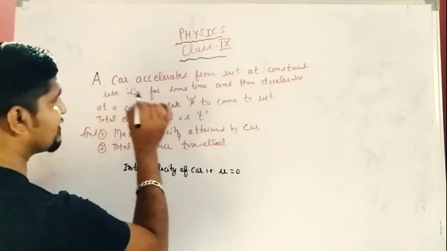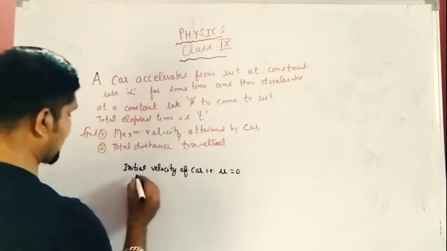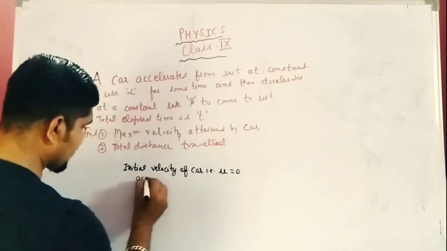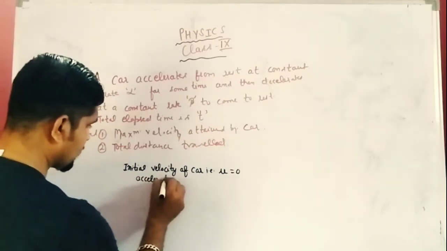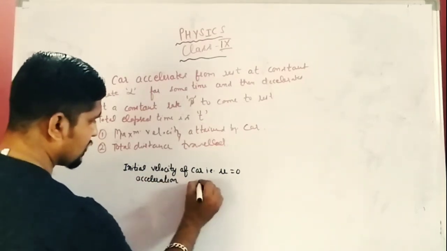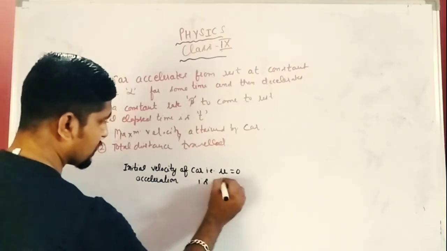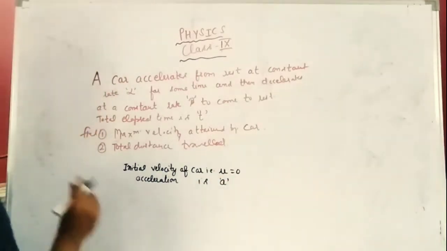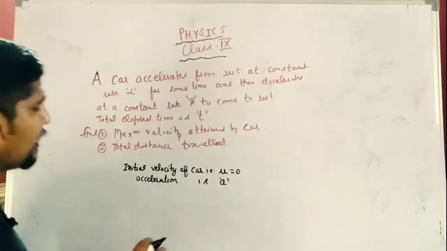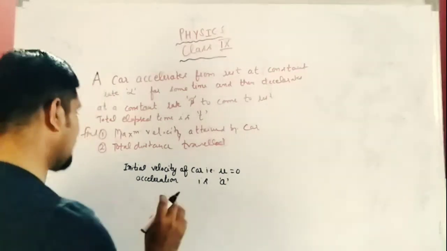A car accelerates from rest at constant rate alpha, it means the acceleration is alpha. It means the car is moving with a constant acceleration alpha.